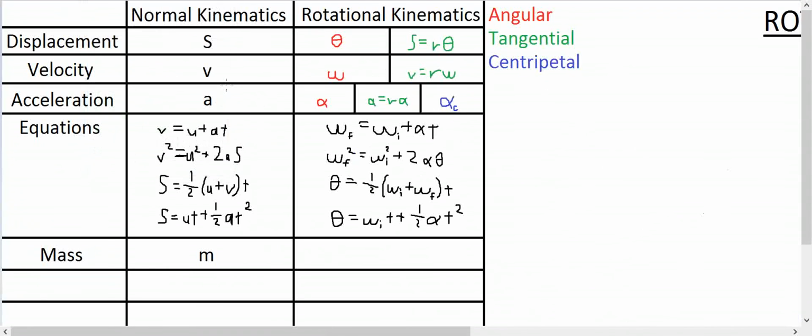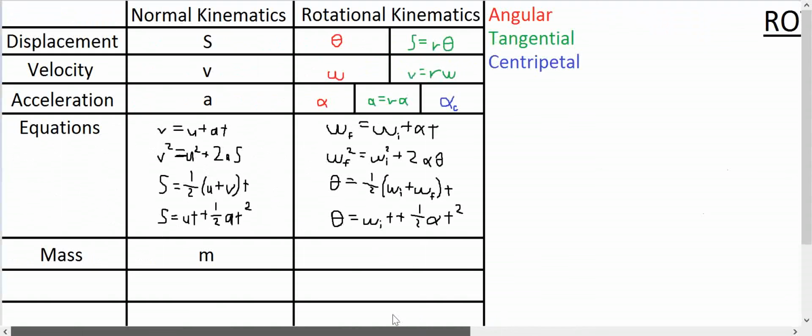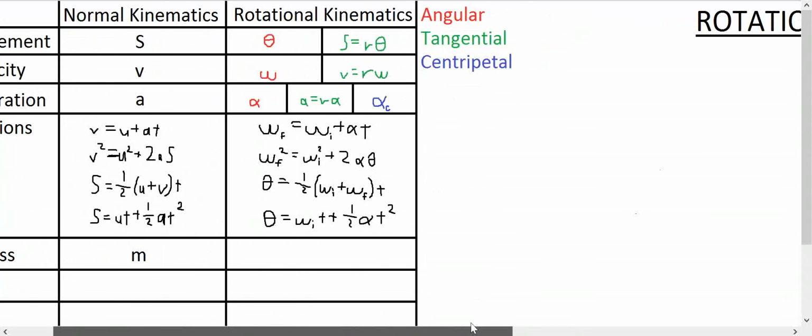Okay, so I've added centripetal acceleration here. Now I'll talk a bit about mass. Mass is what it is. But in rotational kinematics, there has to be some form of mass to use that also takes into account the radius.